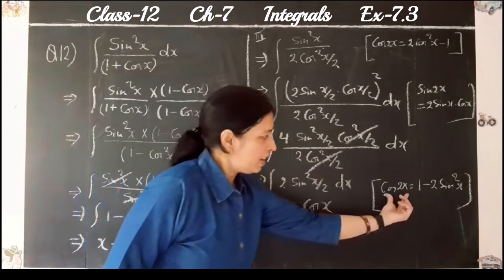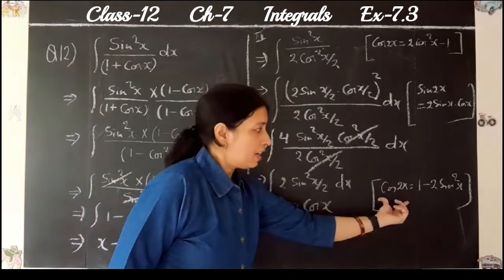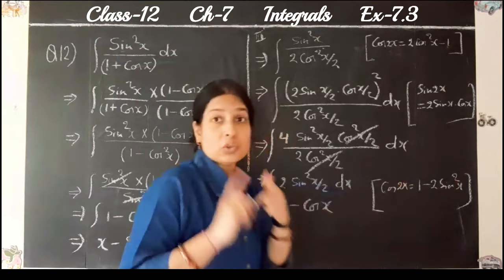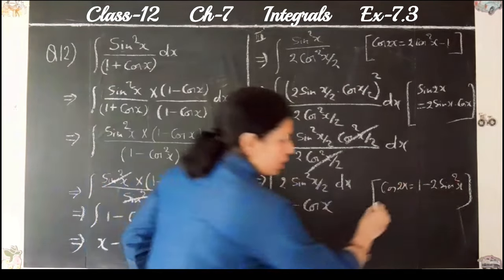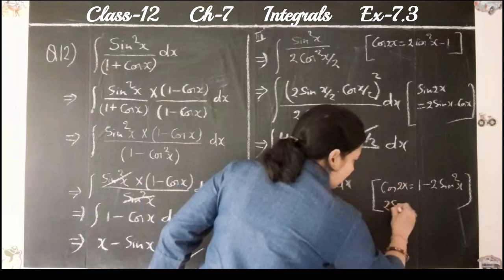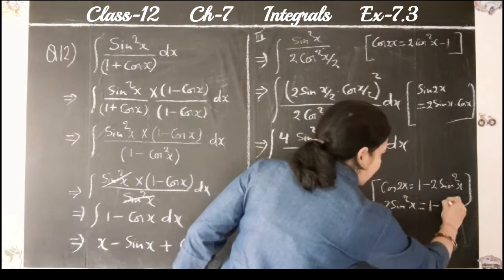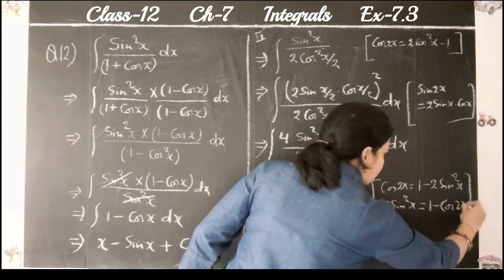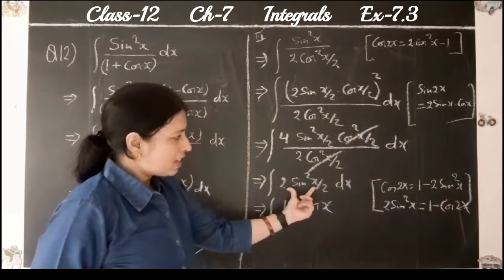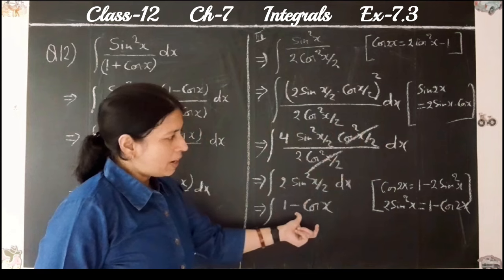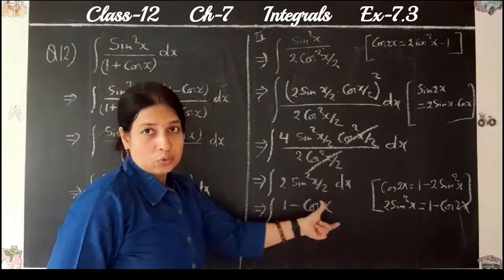Because cos 2x is equal to 1 minus 2 sin square x, so 2 sin square x will be 1 minus cos 2x. But here it is given x by 2, so it will be 1 minus cos x, not 2x.